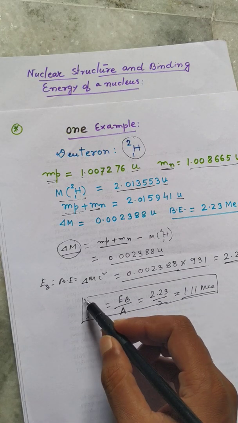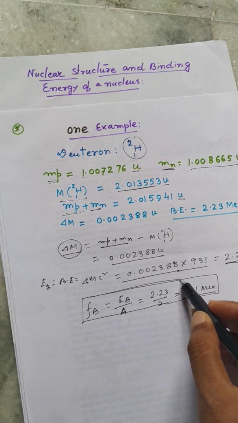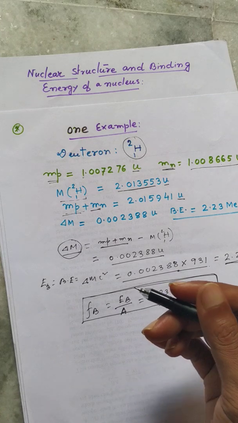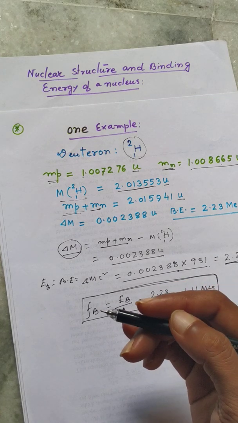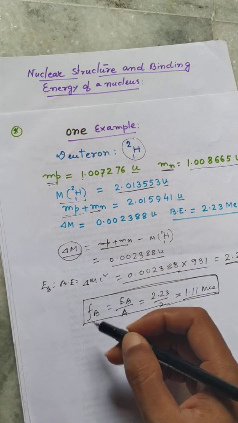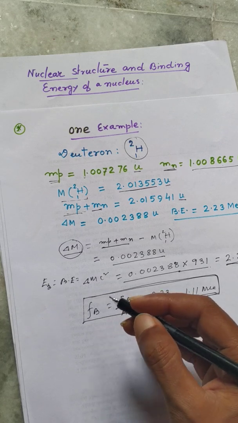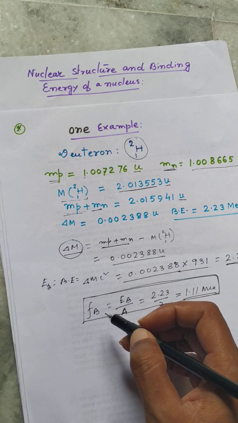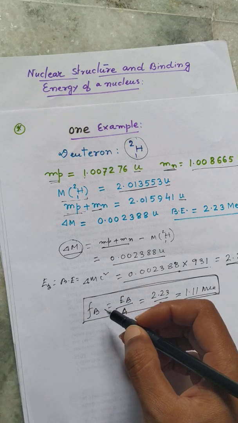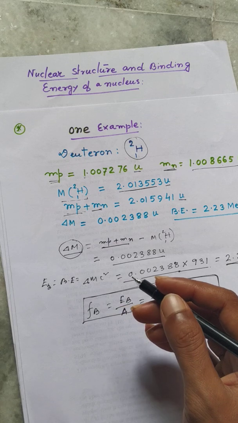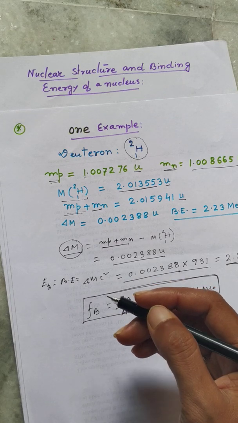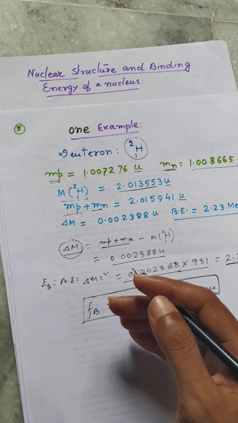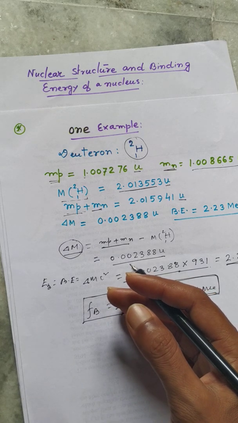Okay, and we will discuss in the next class fractional binding energy and the stability of a nucleus depending on fractional binding energy, and also for which values of protons and neutrons in a nucleus the fractional binding energy will be greater.